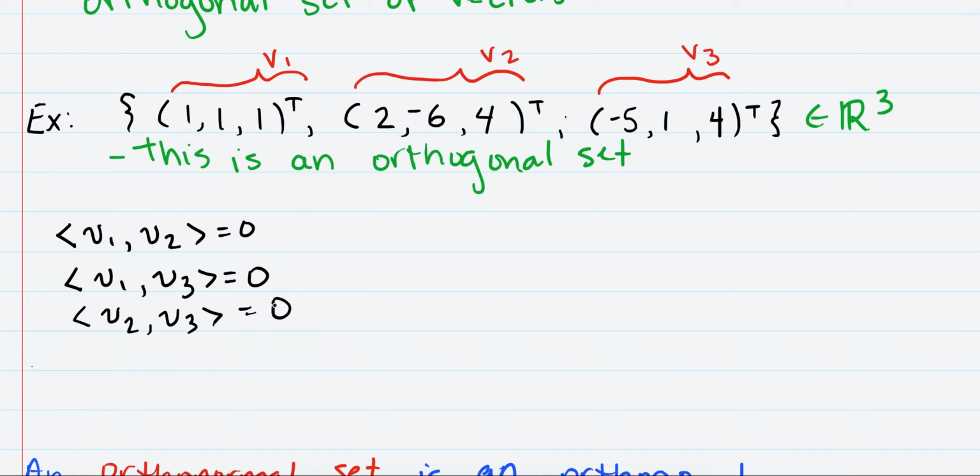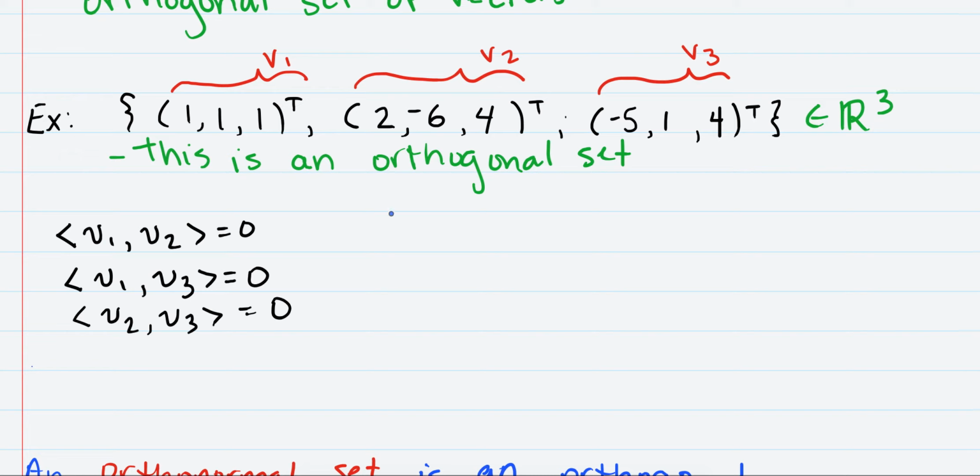That's the definition of an orthogonal set. Every pair of vectors, when you take the inner product, is 0. And we don't have to worry about flipping these around, saying something like V2 with V1, because we know that the inner product is symmetric.